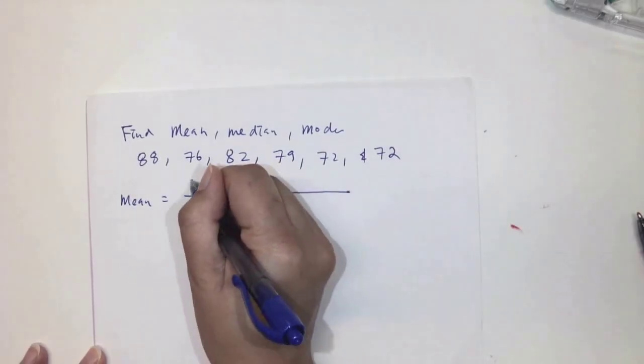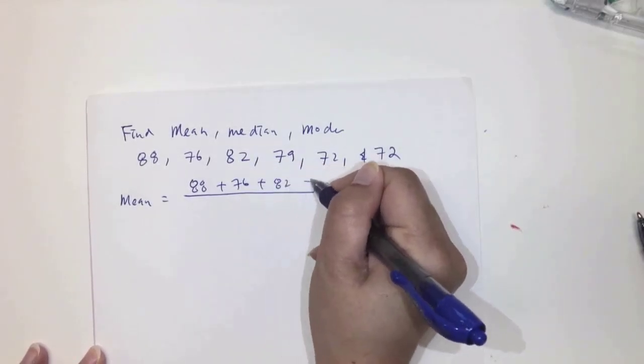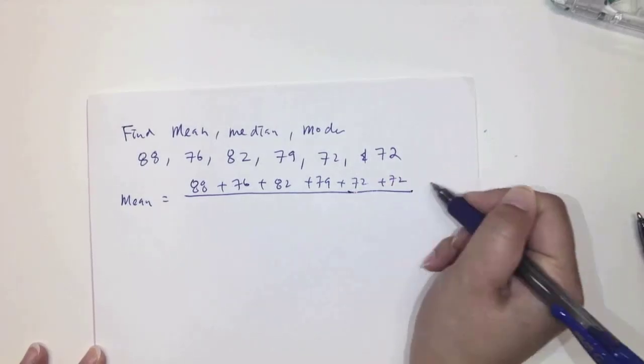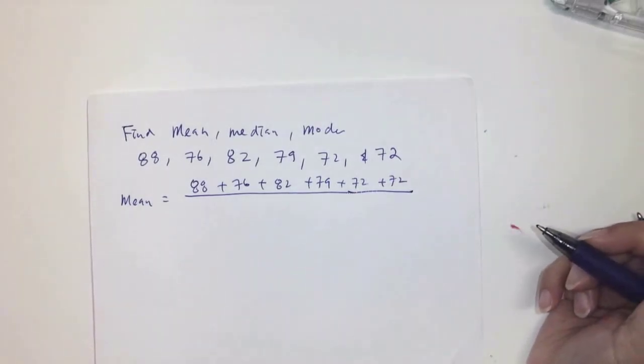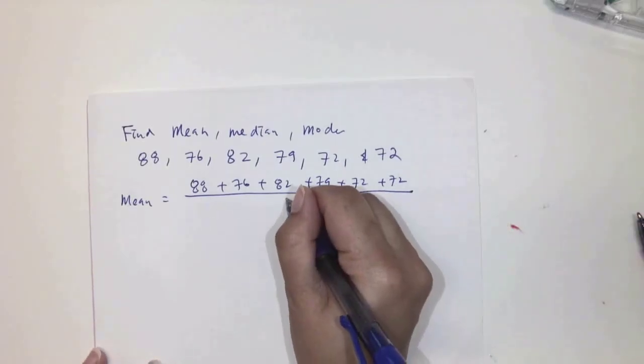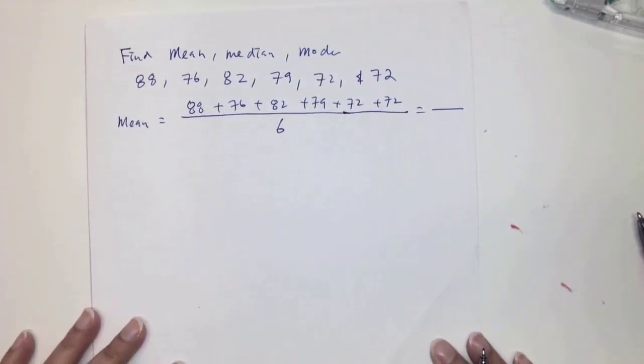Add up the top, so it's going to be 88 plus 76 plus 82 plus 79 plus 72 plus 72, right? And then how many numbers do we have? 6, so divided by 6, okay? So find me the sum on top, please. Use the calculator.